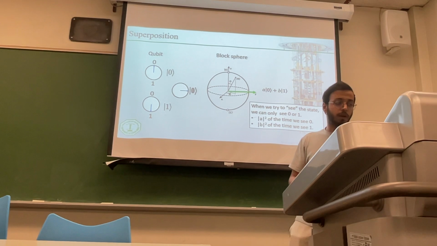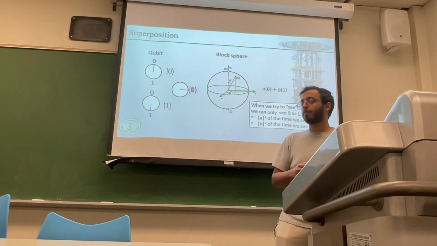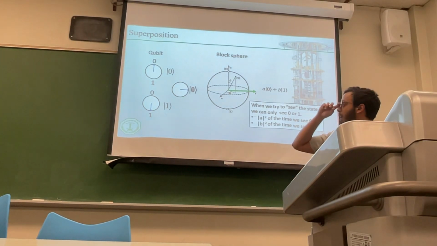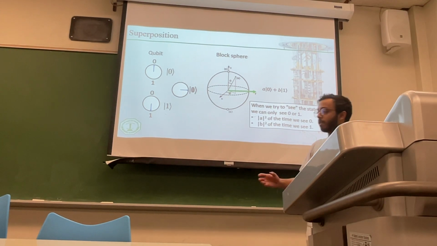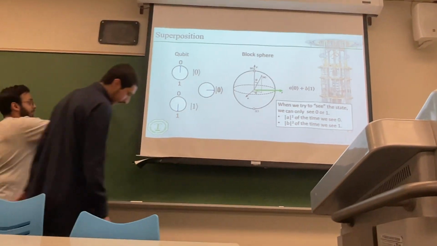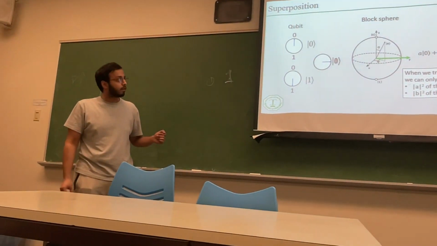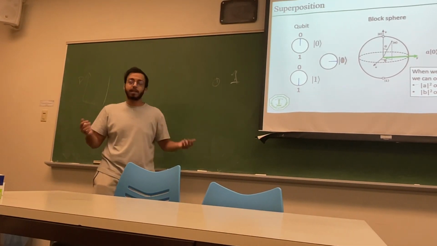So one big quantum property that quantum computers rely on is superposition. A physical bit is either 0 or 1, whereas a qubit can be a probability between the two.